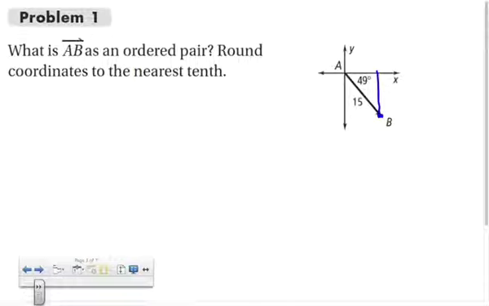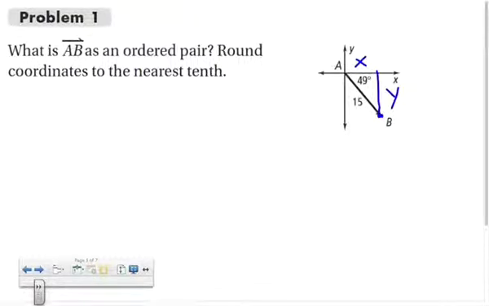If you haven't already pulled out your calculator, you're going to need it. So my horizontal segment of that triangle, that's going to be the x-coordinate. My vertical segment, of course, is going to be the y-coordinate of my vector.